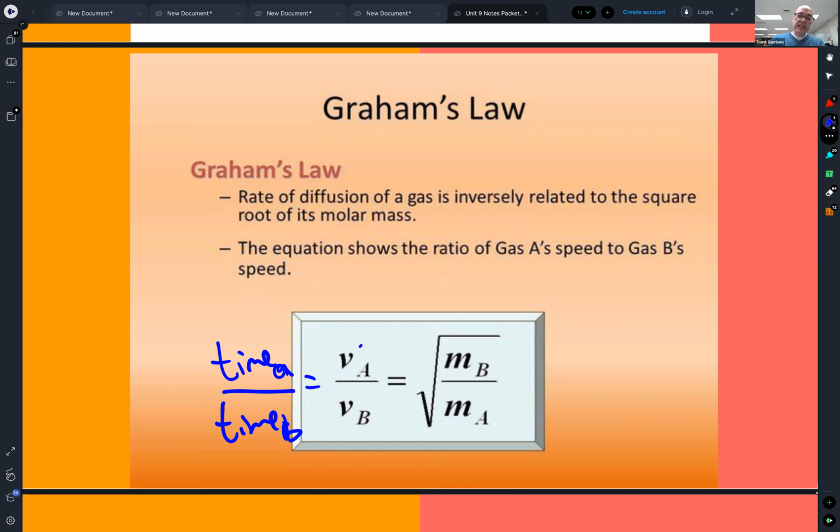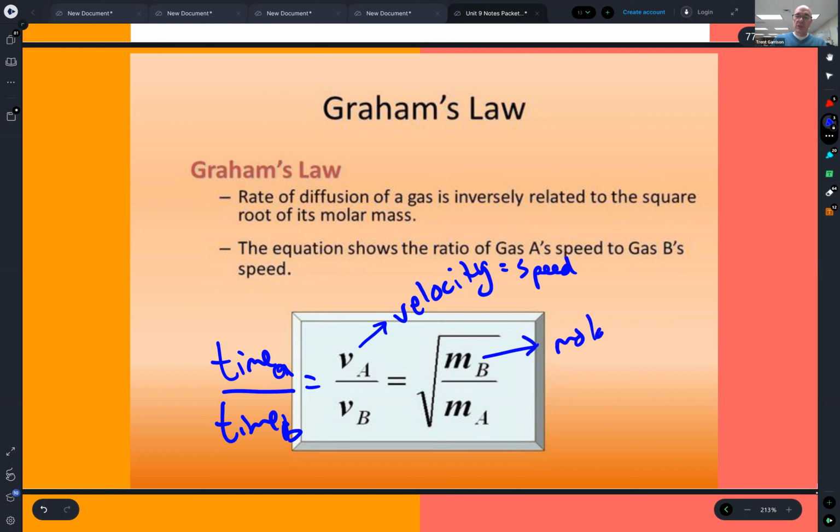This little v is velocity, which is the same word for speed. And these are the molar masses. These are not the weights of the compounds. So it wouldn't be like you're given 50 grams of N2. It's the molar mass off the periodic table.